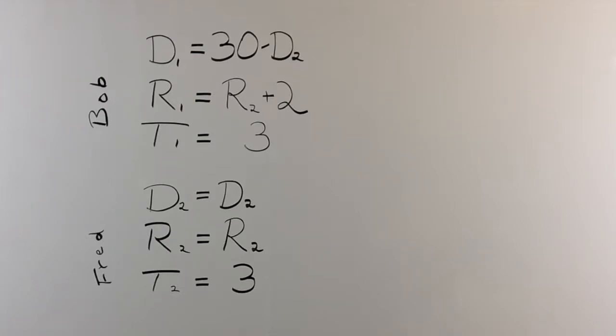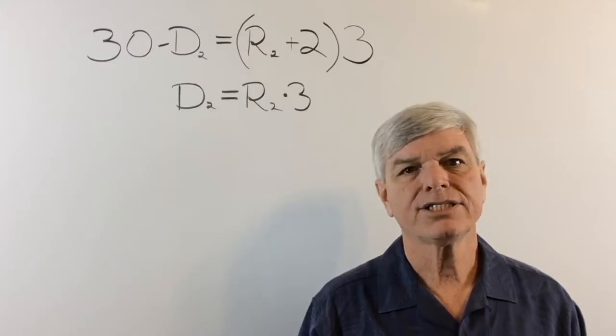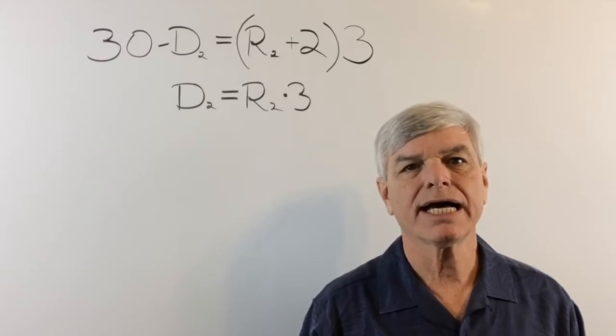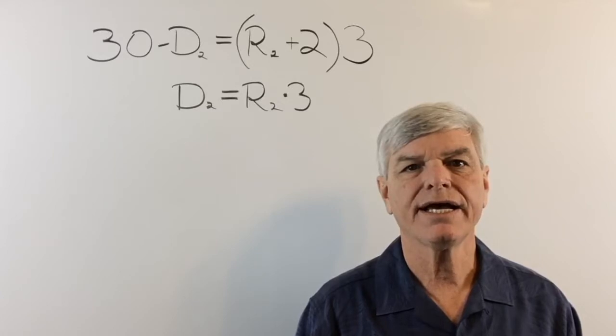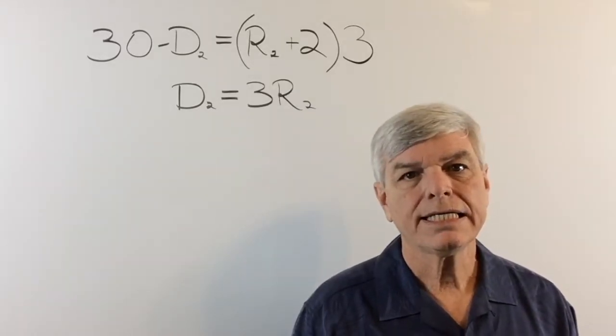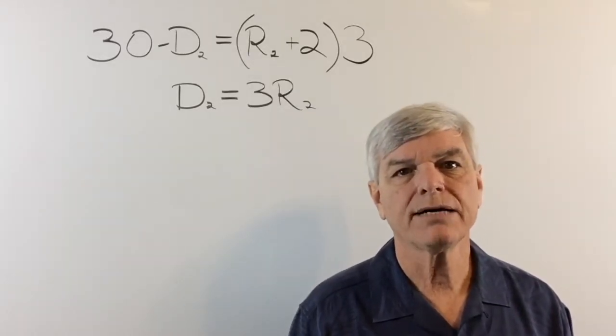As you can see, it's going to be pretty simple. D2 equals R2 times 3. Yeah, just like that, except that we like the coefficient in front of the variable, so let's change that. Yeah, D2 equals 3 times R2.